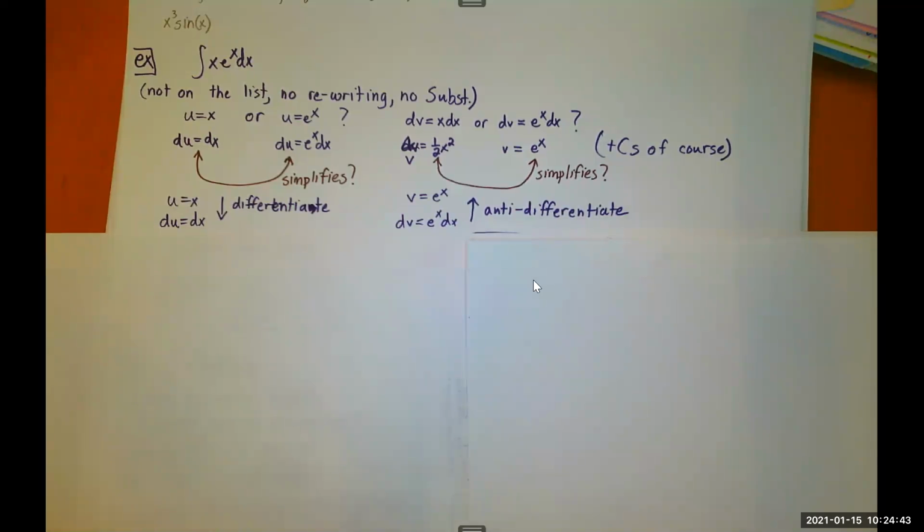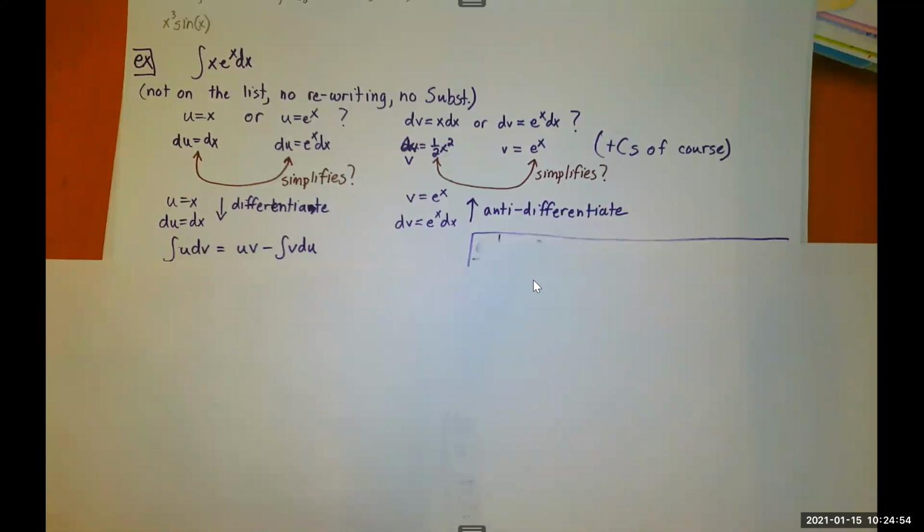So the derivative of u equals x is du equals dx. The antiderivative of dv equals e to the x dx is v equals e to the x. So the formula is the integral of u dv equals uv minus the integral of v du. Putting all of the things in their spots looks like this.